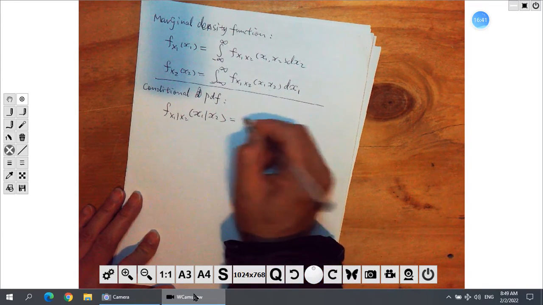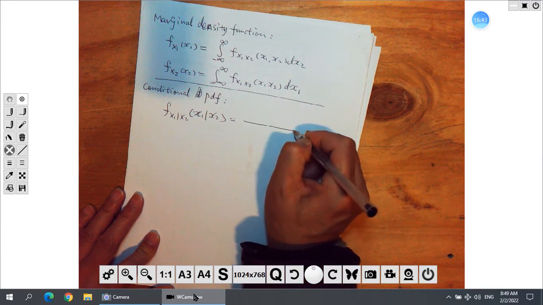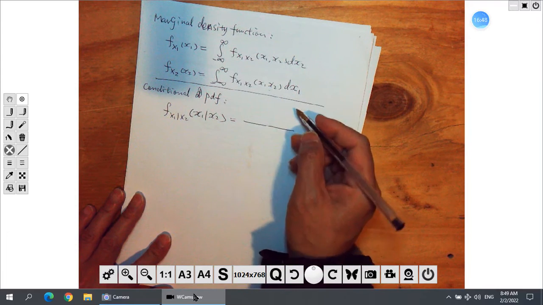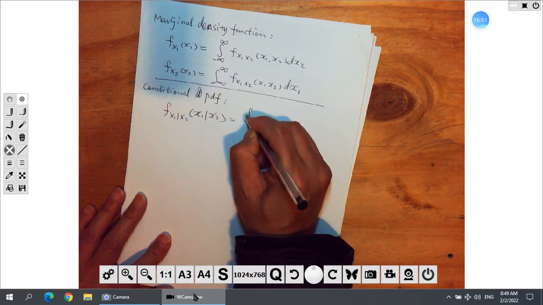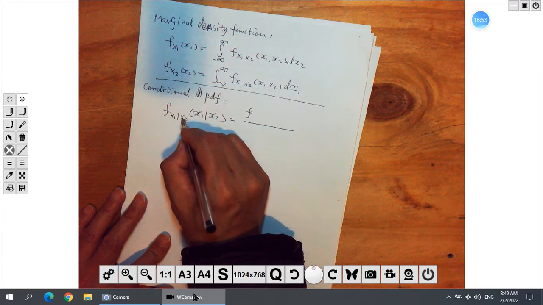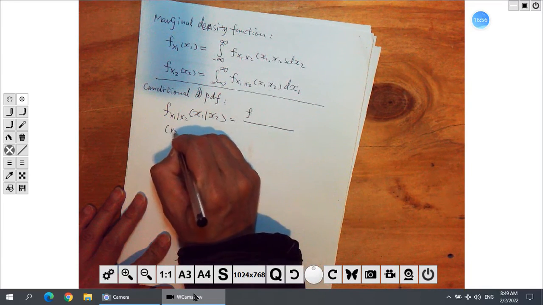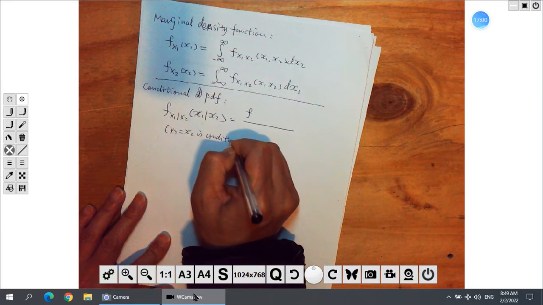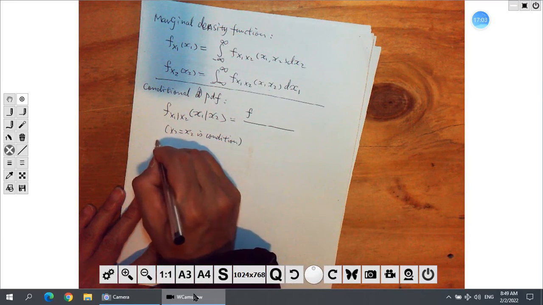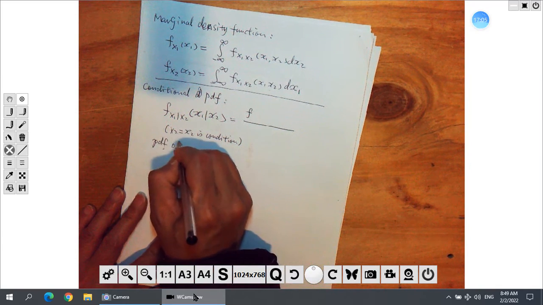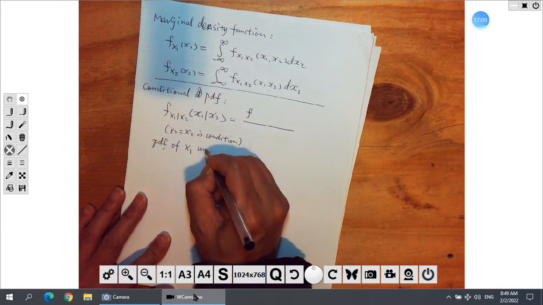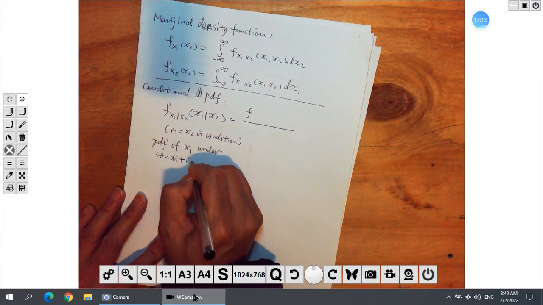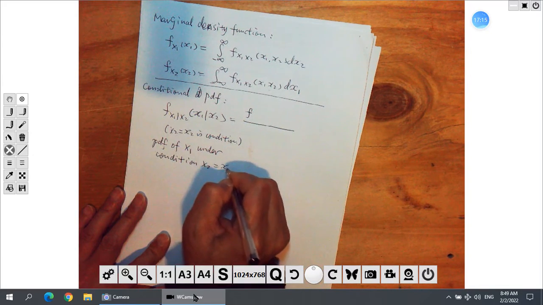This is equal to, remember the conditional probability, a numerator over a denominator. The numerator is the intersection of the two, right? Now x2 equal to x2 is the condition. So this is the PDF of x1 under the condition x2 equal to x2.